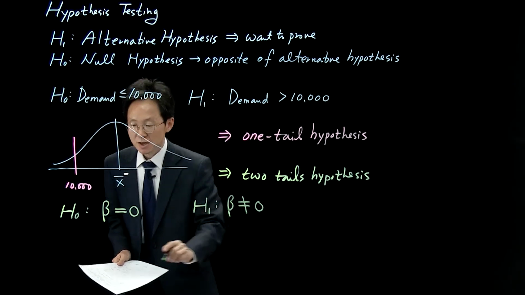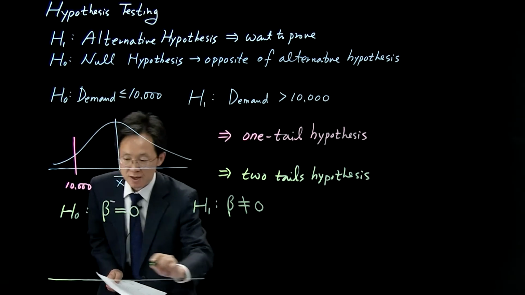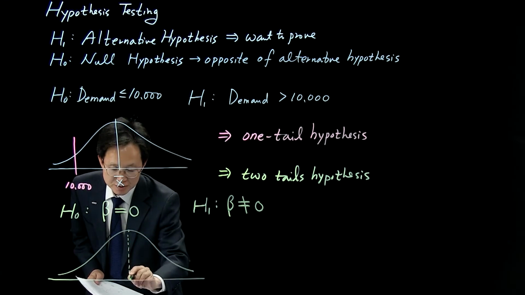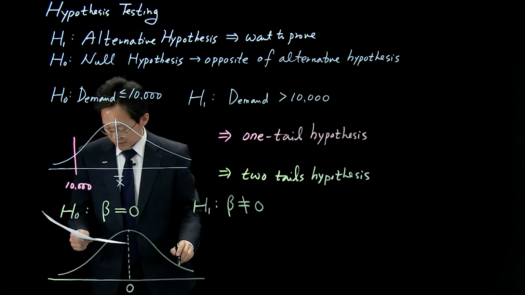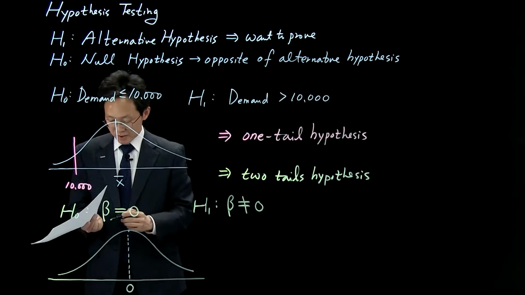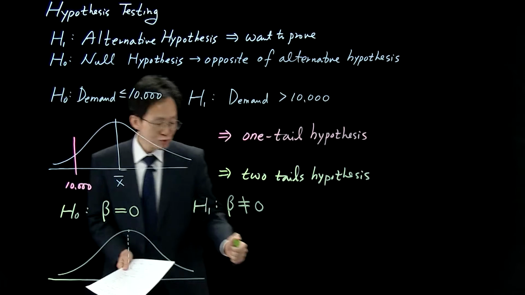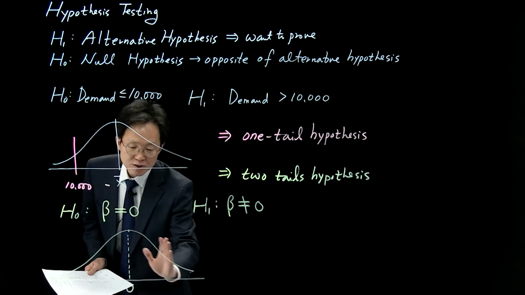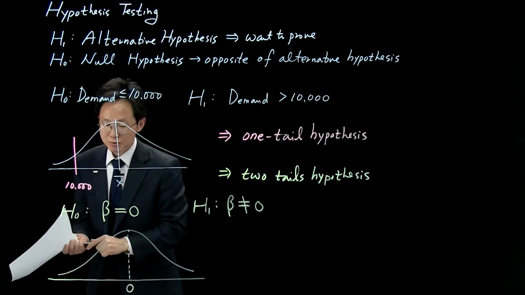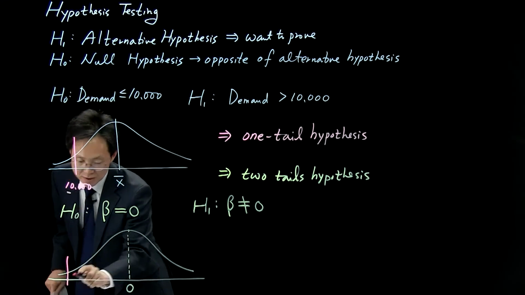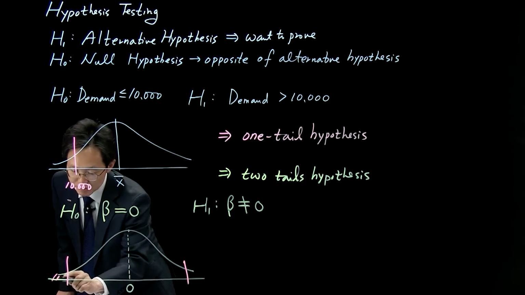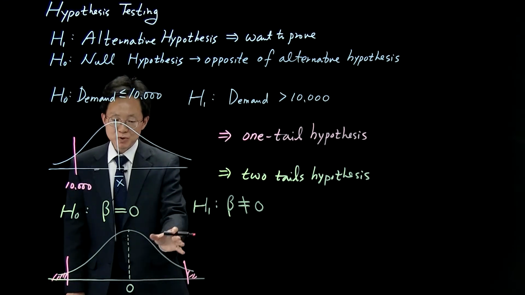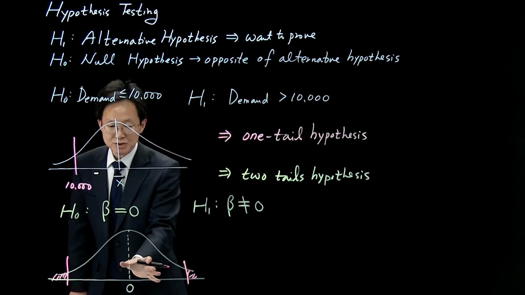If that is the case, what you try to do is, let's say here, this is sample information. So if this is 0, then we have to look at whether the true value is really far away from this value, the 0. In other words, whether it is in the extreme tails or not. So in this case, we have to look at two sides at the same time.